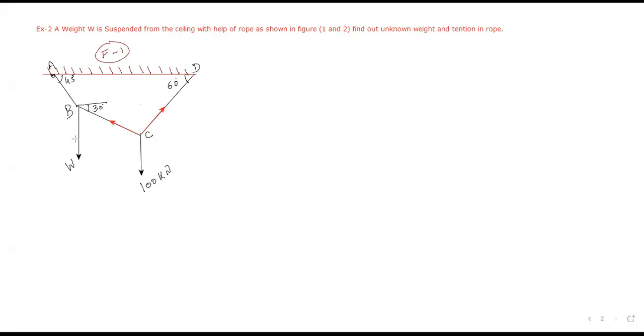Similarly, at this point also a load acts in downward direction, so to prevent it a load will act like this. One load is acting like this, another load is acting like this. Just a minute, I am putting that force.